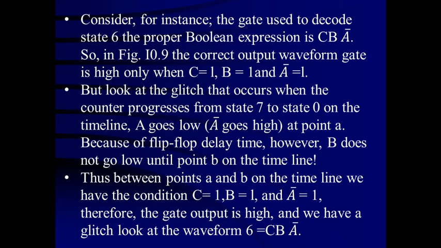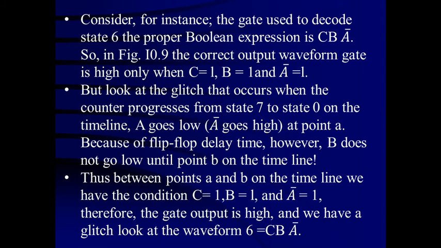Consider, for instance, the gate used to decode state 6. The proper Boolean expression is C B A bar. So, in figure 10.9, the correct output waveform of the gate is high only when C is equal to 1, B is equal to 1, and A bar is equal to 1. But look at the glitch that occurs when the counter progresses from state number 7 to state number 0 on the timeline.